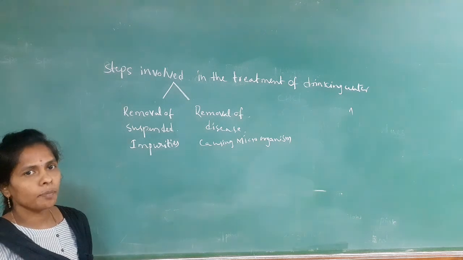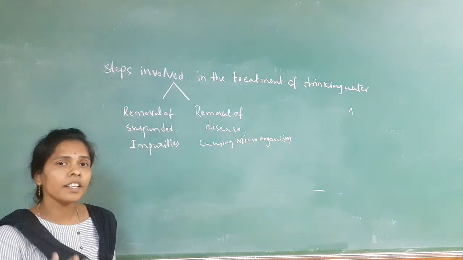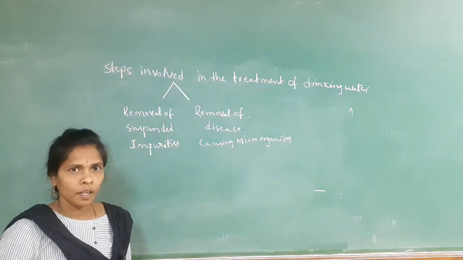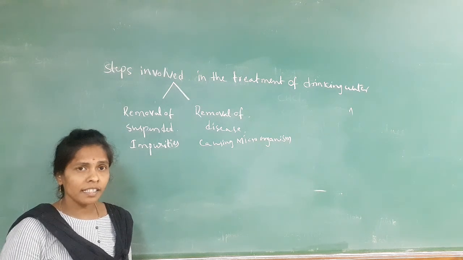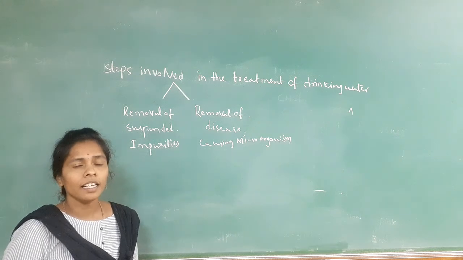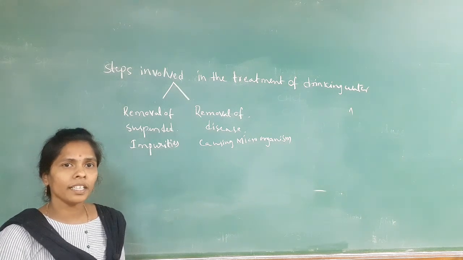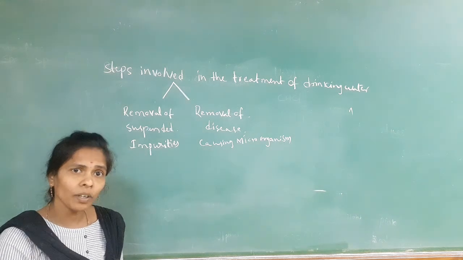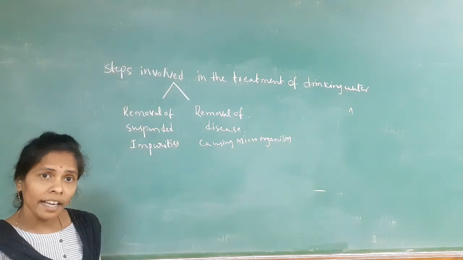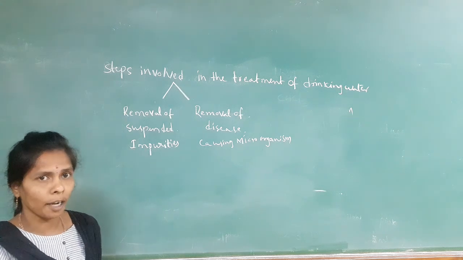For removal of suspended impurities, we are having a step by step process, because the water we are collecting from the rain, sea, pond and lake has floating impurities and undissolved impurities which settle down at the bottom of the container, and along with that it also has color.